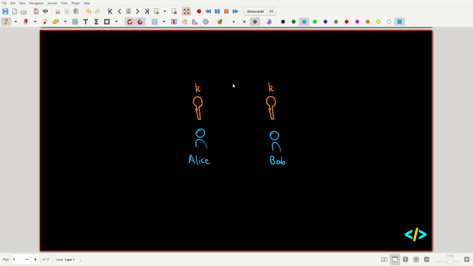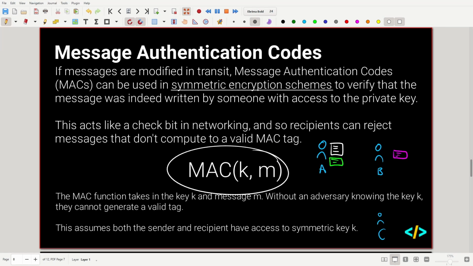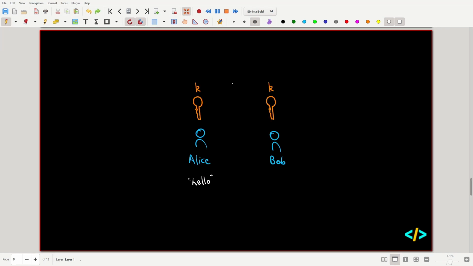Now, if Alice wants to send hello, our message authentication code function might just be something like appending the key. Let's say the key is A. We might append the key to this and then hash it. So we might take the hash of something like hello A, and this would be our message authentication code.